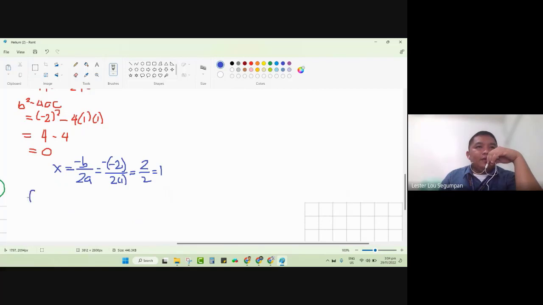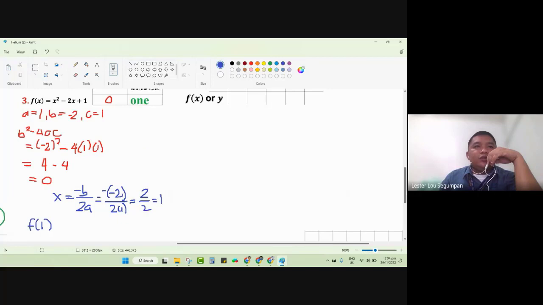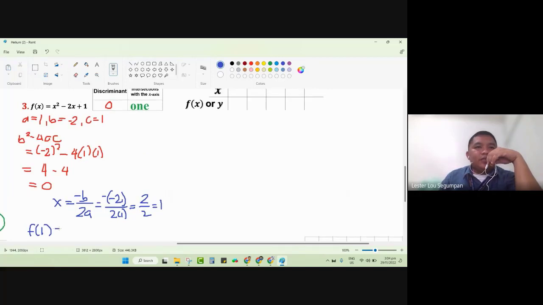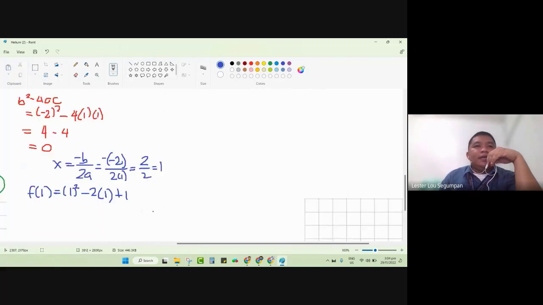Using that value, f of 1 of the given equation, which is x squared minus 2x plus 1, you will have 1 squared minus 2 times 1 plus 1. So 1 squared is 1. You will have here minus 2 plus 1. That will give you 0.